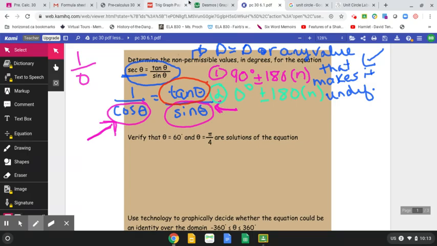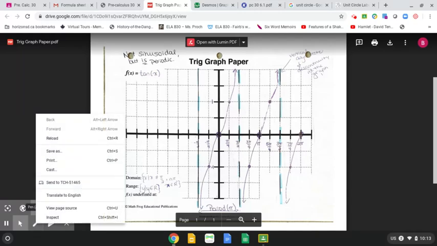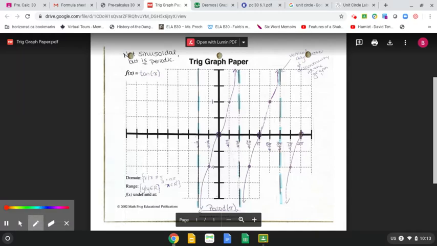If you look at the graph of tan, do you remember those asymptotes that we had? This is your trig graph paper that I gave you for tan. Those asymptotes are non-permissible values for tan.